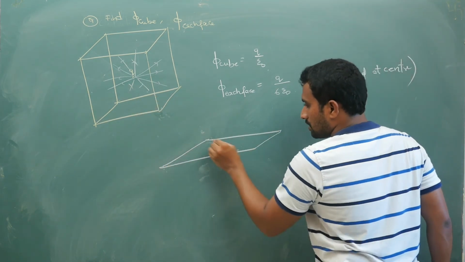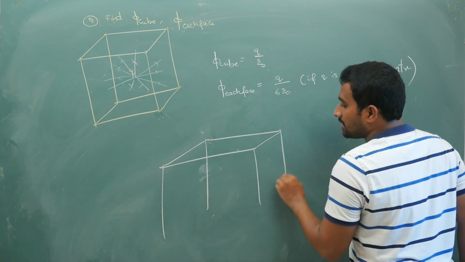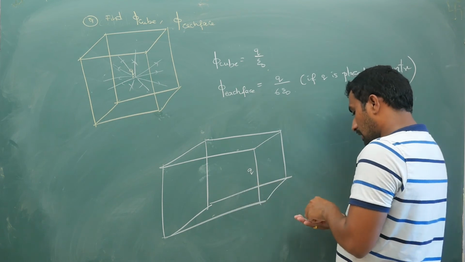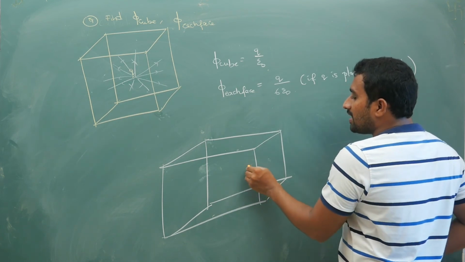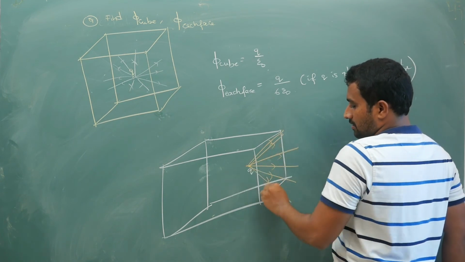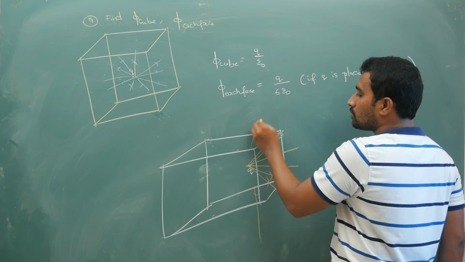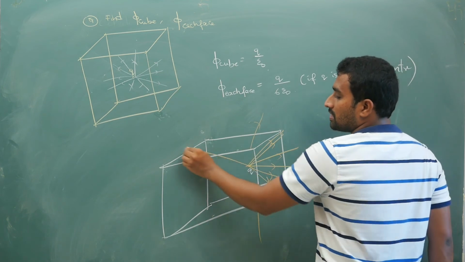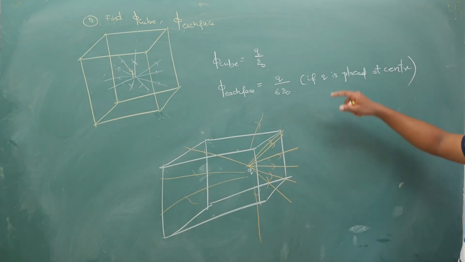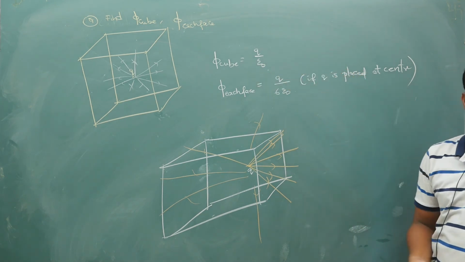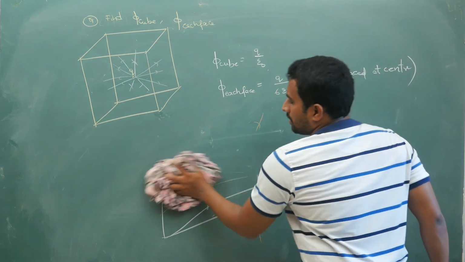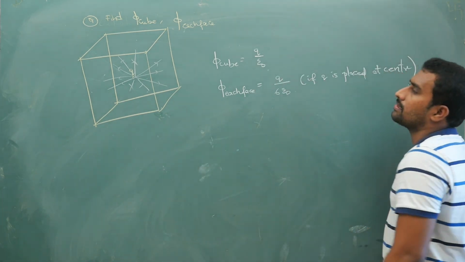Why? Because when you shift the charge close to one side, more field lines will go through the closer sides, and through the farther side fewer lines will go. Whereas q by epsilon naught is the same at whichever point you keep it inside the cube. Hope you have understood it.